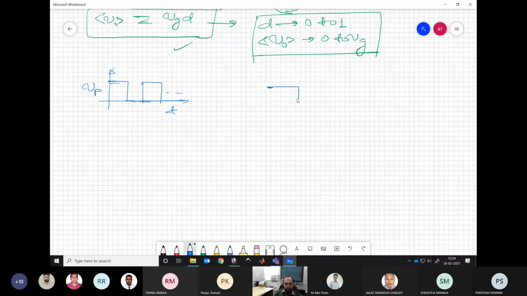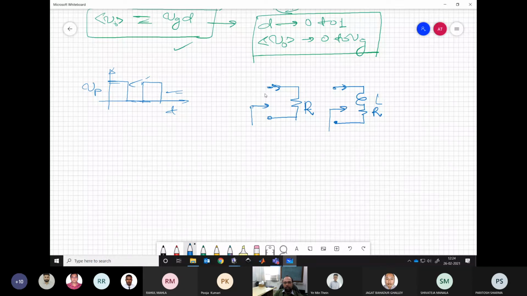If that load is, let us say, a resistive element or an RL load, then yes, there is no problem in applying this voltage, because whatever you apply to a resistance, the current will follow the wave shape.